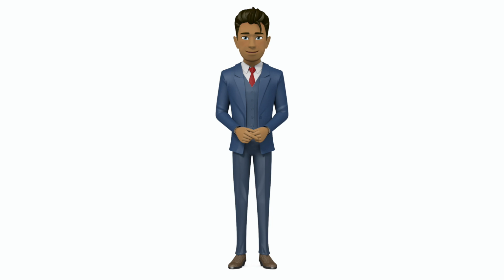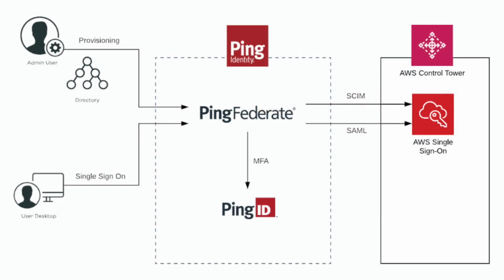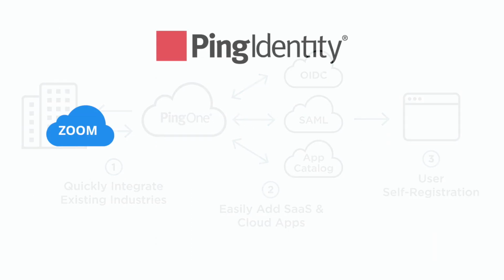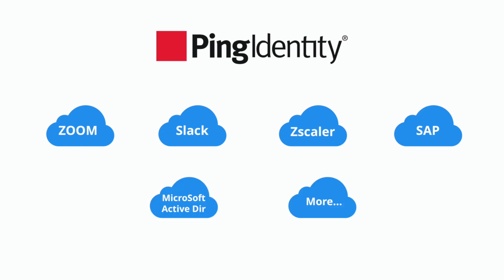So let's look deeper, starting with single sign-on for all apps. PingOne offers federated authentication, authority, and single sign-on, integrations with custom on-premise, SaaS, or cloud applications such as Zoom, Slack, Zscaler, SAP, Microsoft Active Directory, and more.